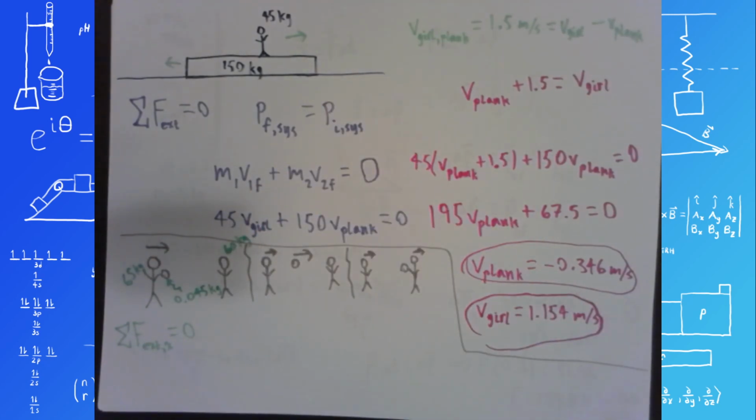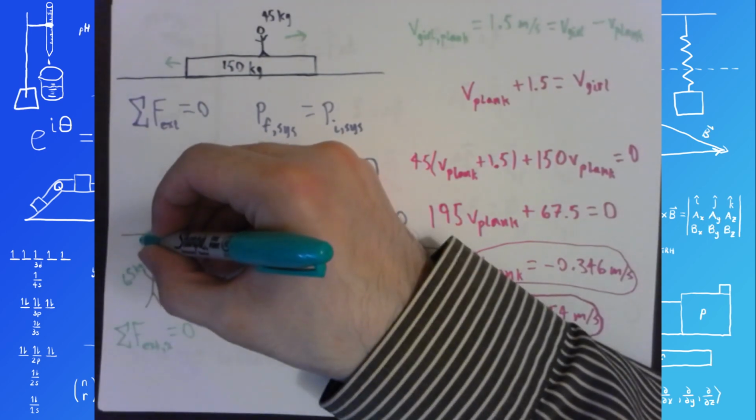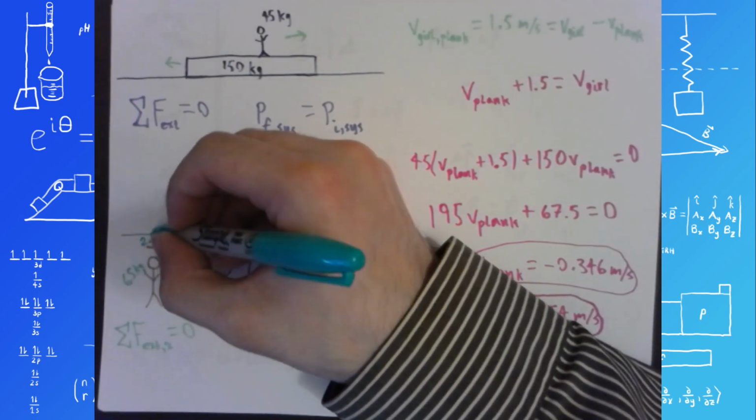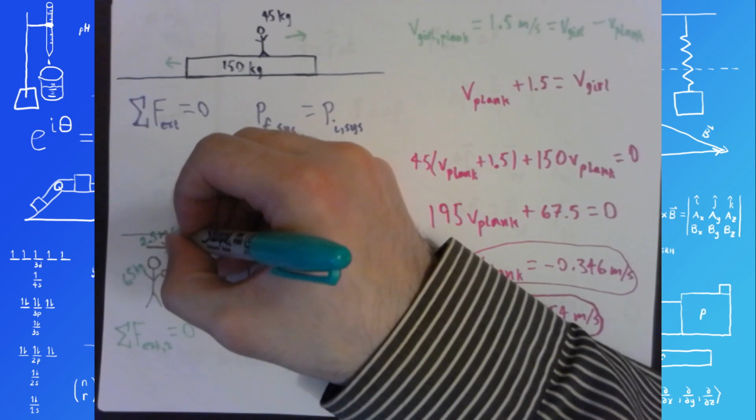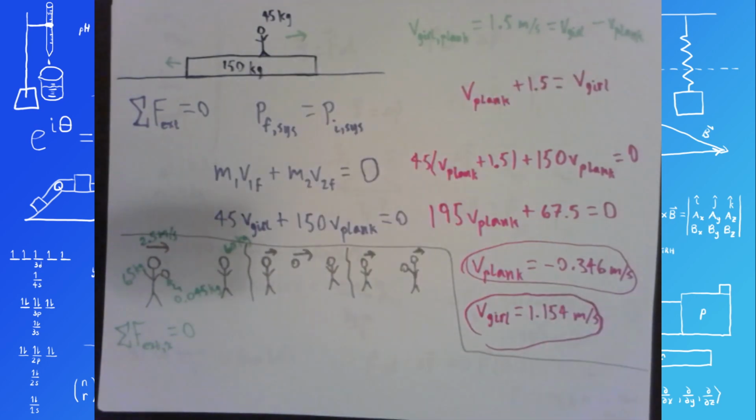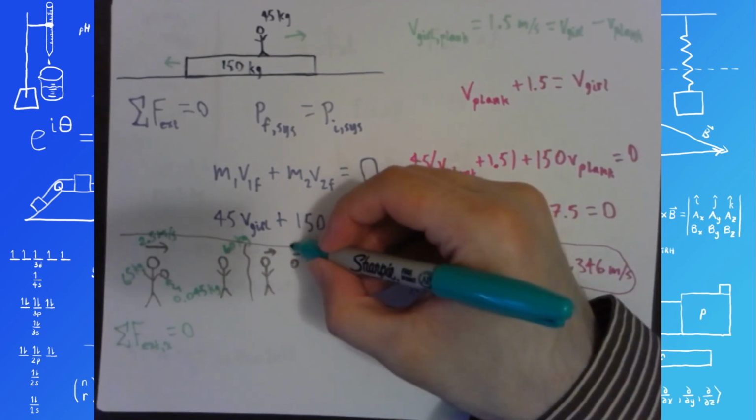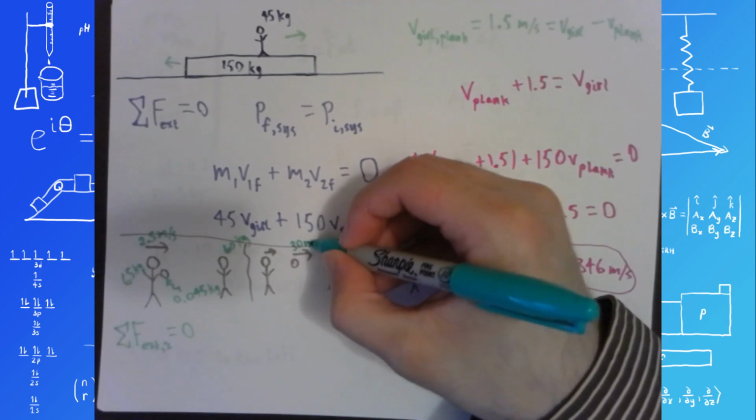And we know the initial velocity of the person is 2.5 meters per second. And we also know that the snowball is thrown forward with a ground speed of 30 meters per second.